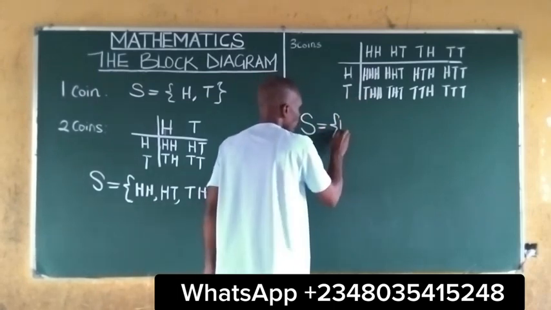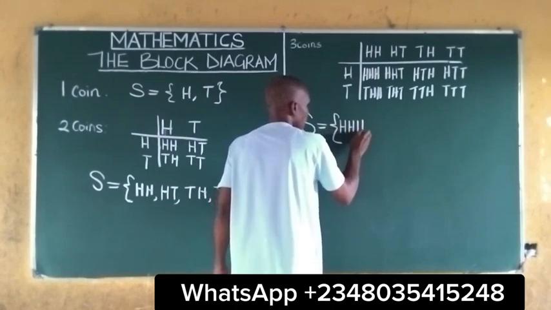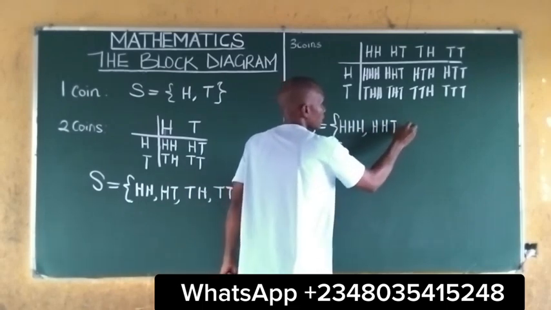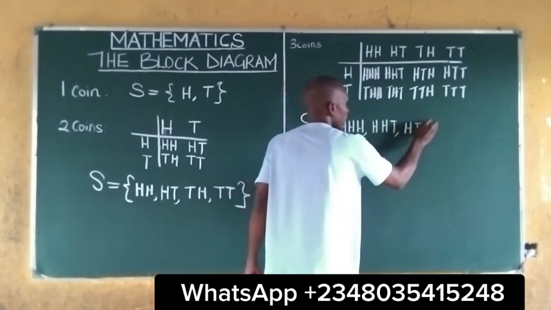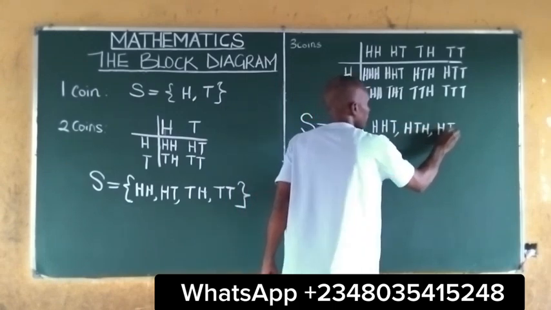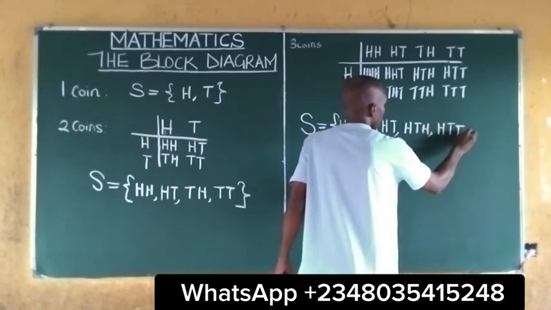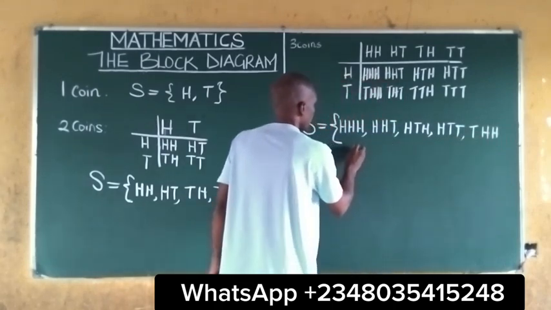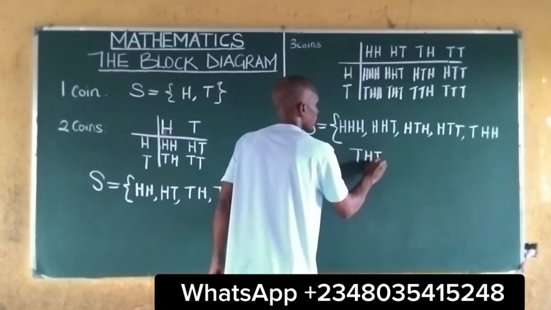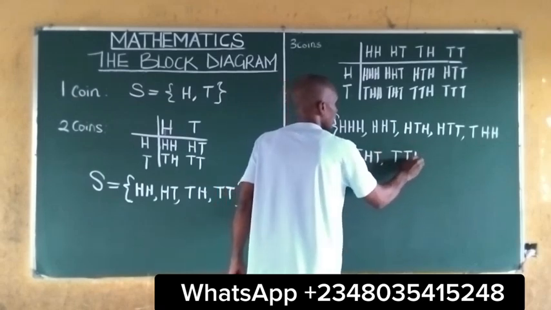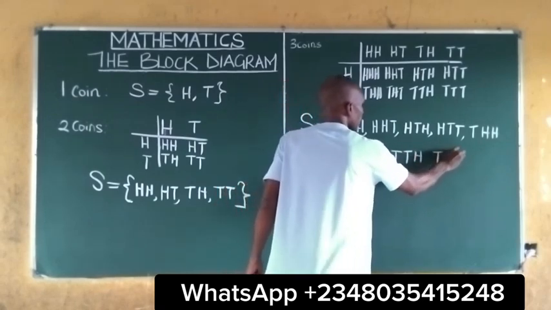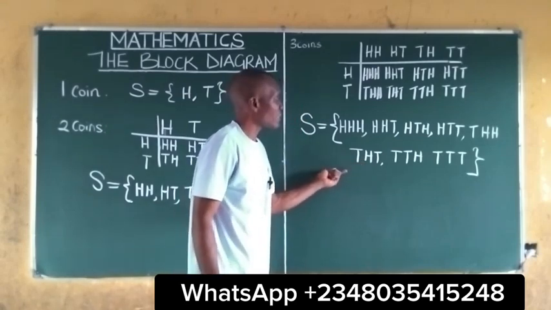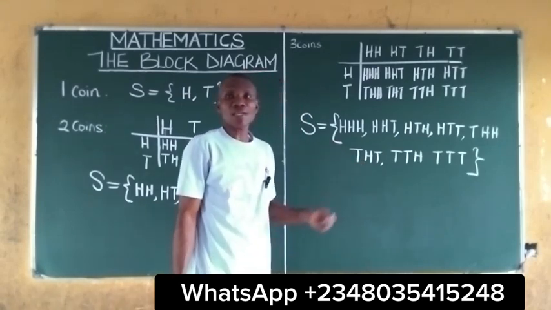So our sample space will be head, head, head, head, head, tail, head, tail, head, head, tail, tail, tail, head, head, tail, head, tail, tail, tail, head, and tail, tail, tail. So these are the possible outcomes we can get if three coins are tossed.